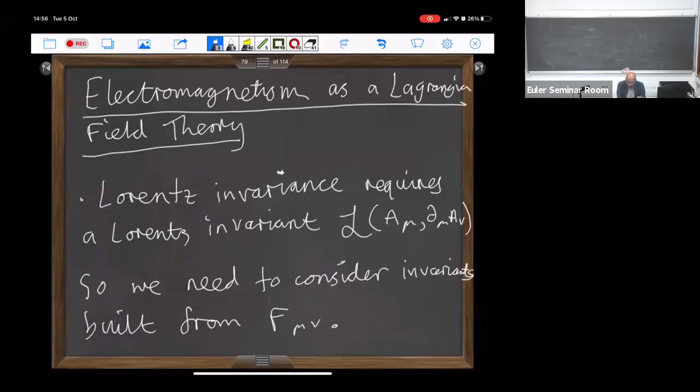Since we're interested in Lorentz invariance, we need to find a Lorentz invariant Lagrangian that reproduces Maxwell's equations, which means we need to take F mu nu and build Lorentz invariants from it.